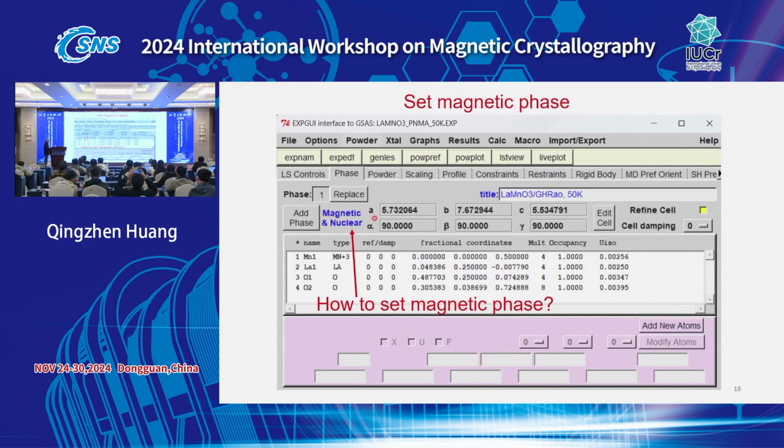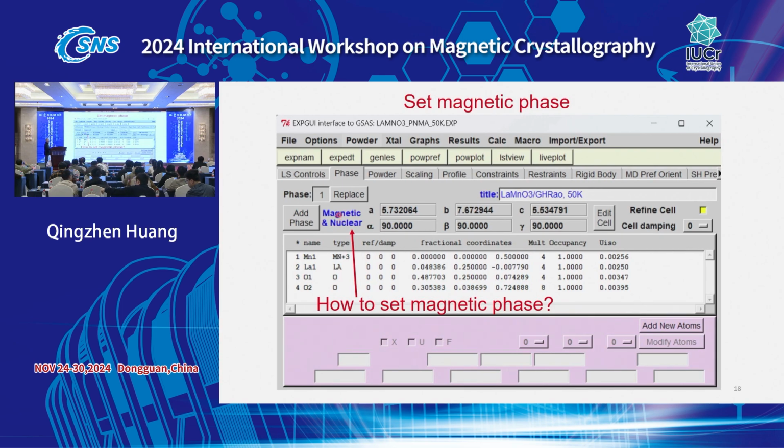Here we can see the magnetic phase and the nuclear phase combined. It's only phase one, because the magnetic unit cell has the same dimensions as the nuclear unit cell. So I have a reason to first use the same, refining them together.